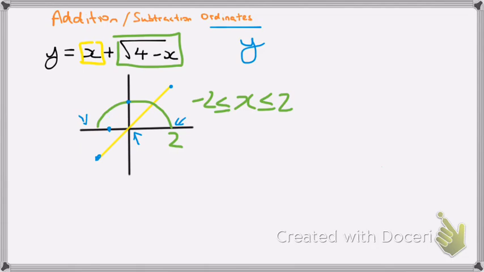And then I like to think about what happens here when the two curves are equal. Well, when the two curves are equal, I double the y values to get the new y value, and I get something like that. If you think about it in terms of geometry, I'm adding a line to a circle, and it turns out that my answer looks something like a tilted semicircle.